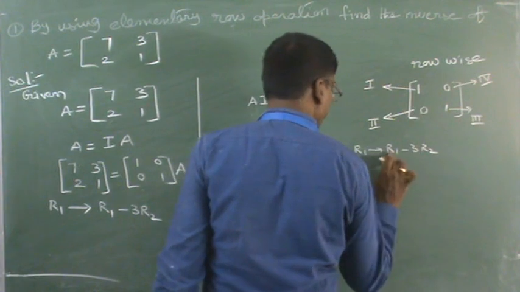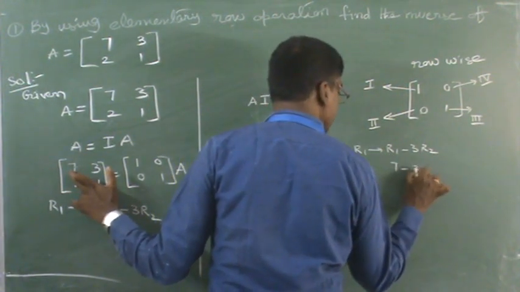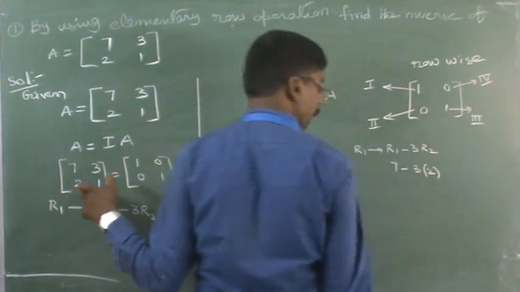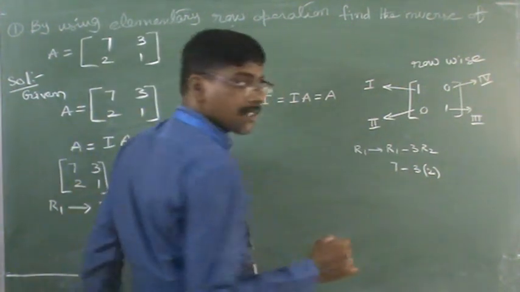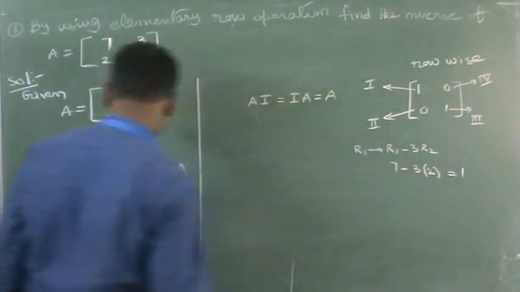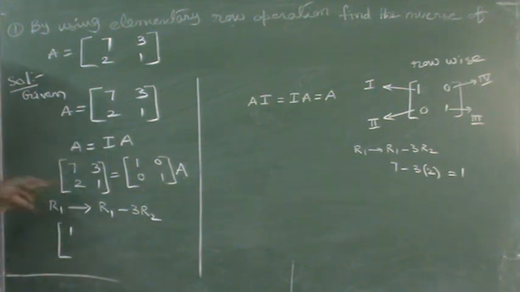In the R1 place, the first element is 7, minus 3 into the R2 value, which is 2. See here, 7 minus 3 into 2. What answer will come? 6. 7 minus 6 gives 1. I am writing the value here, this is 1.